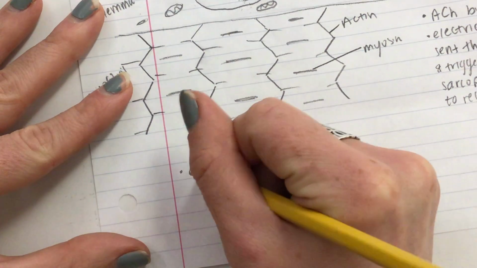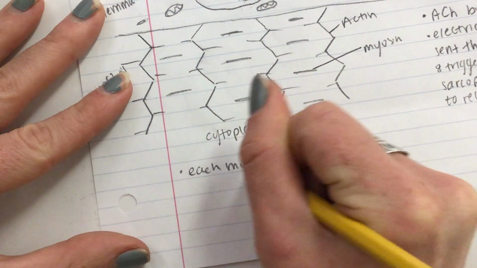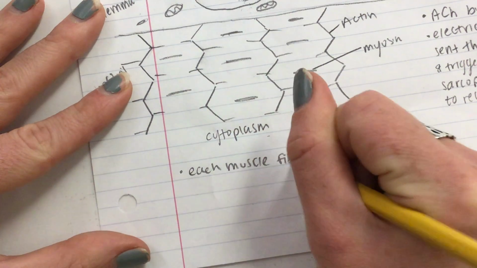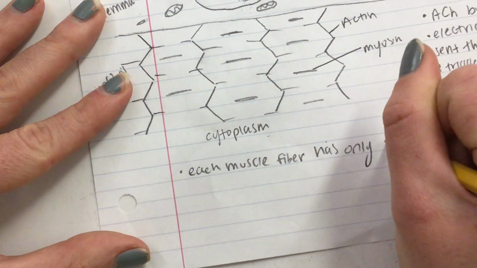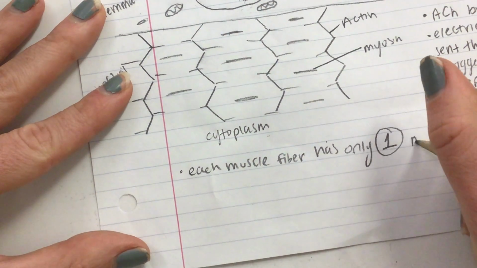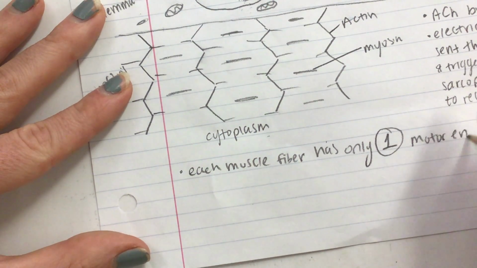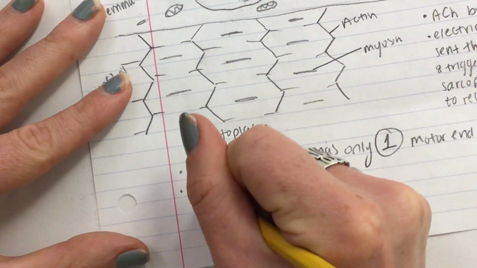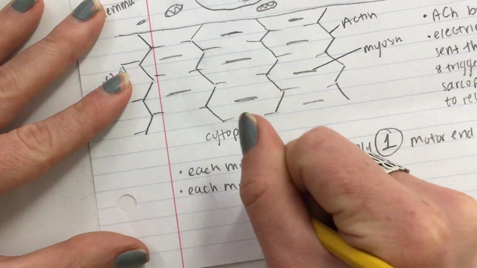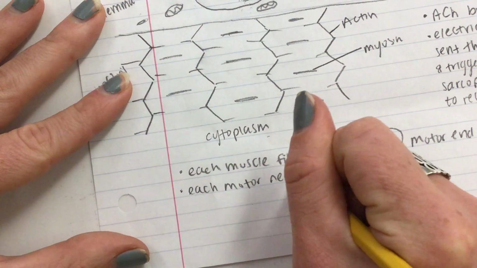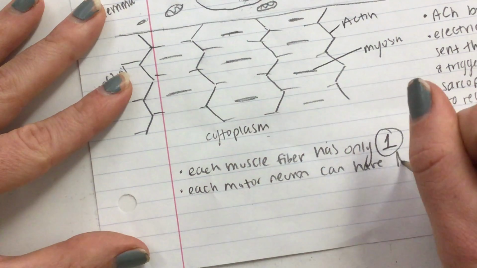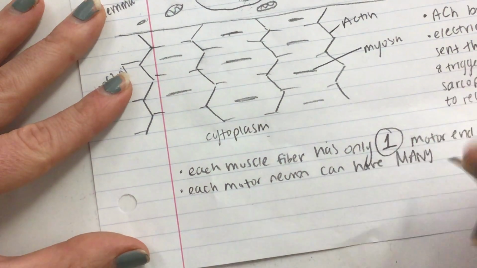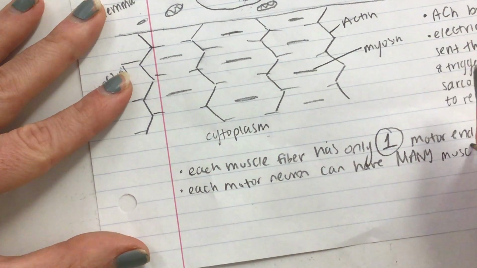So again, each muscle fiber, each muscle cell, has only one motor end plate, while each motor neuron can have many muscle fibers attached.